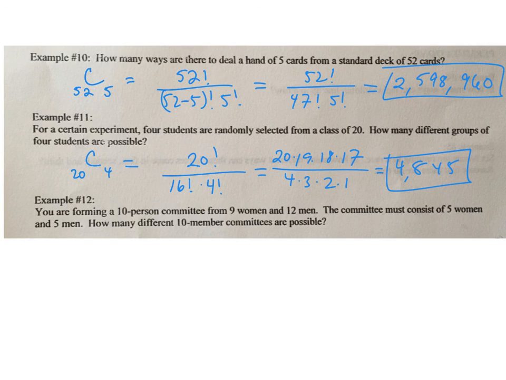Example 12. You are forming a 10-person committee from 9 women and 12 men. The committee must consist of 5 women and 5 men. How many different 10-member committees are possible? There's a lot going on in this question. The best way to think about it is going back to the fundamental counting principle.